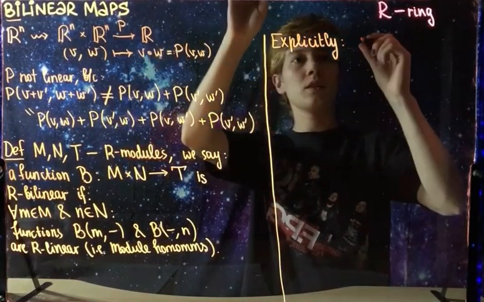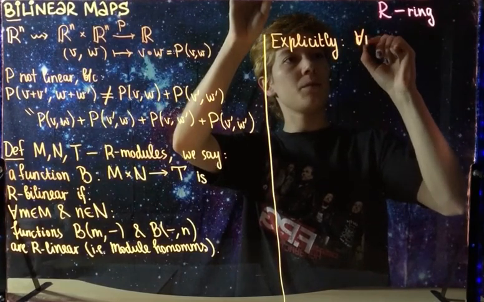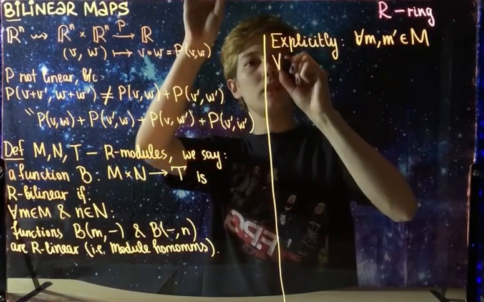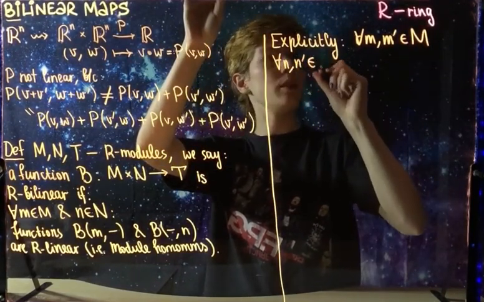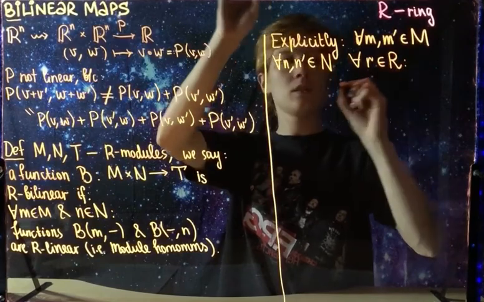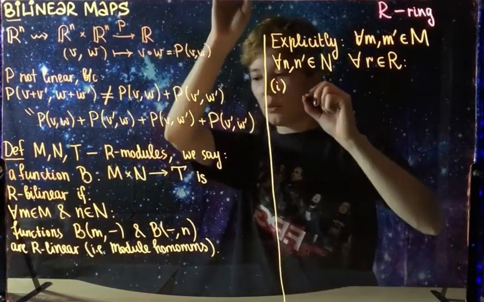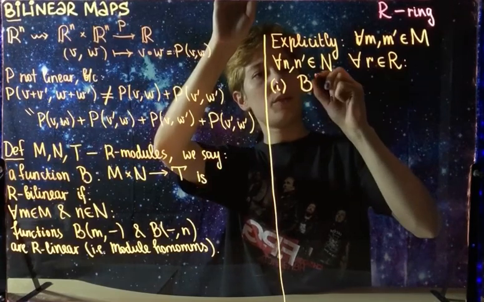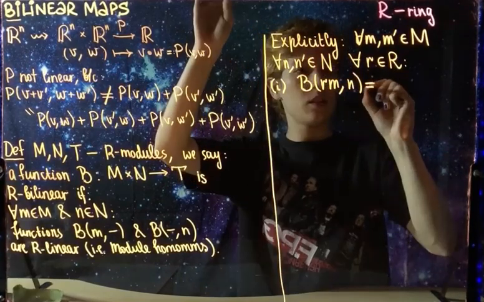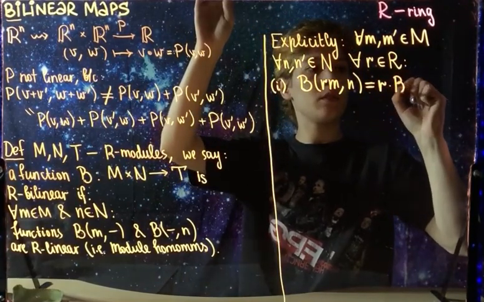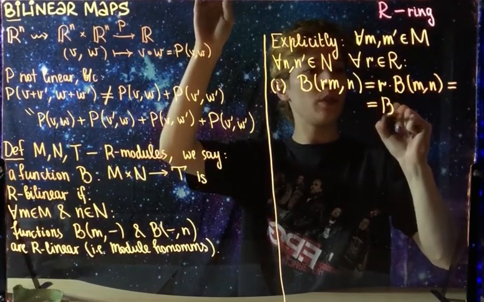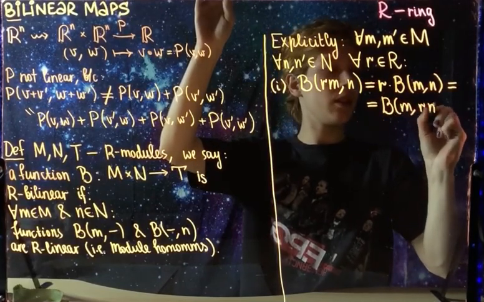Explicitly, this means that for every pair of elements m and m prime in M, and for every pair of elements n and n prime in N, and also for every scalar r, we have that B is multiplicative in each argument, so B of (rm, n) is equal to r times B of (m, n), and this is also equal to B applied to (m, rn).